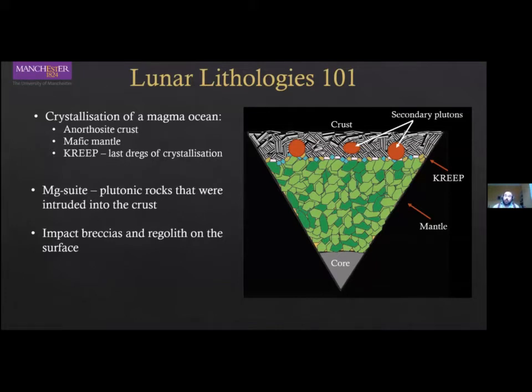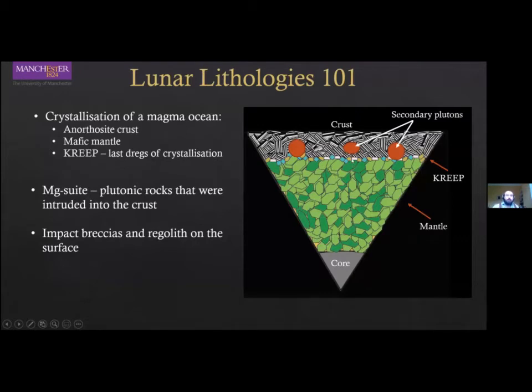And we also have a lot of loose, unconsolidated soil or regolith that's basically mineral debris and broken up rock fragments. And so the challenge really is to take some of these rocks and see what we can say about the geological processes that formed these units that we see.